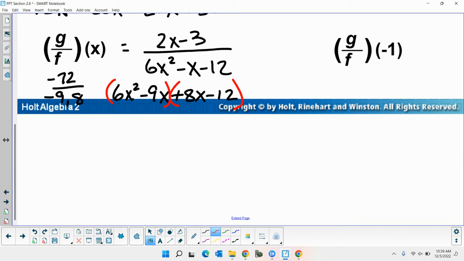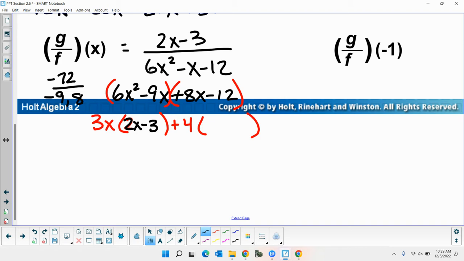What's common to the first group? 3x. What's common to the second group? 4. What's 6x squared divided by 3x? 2x. What's negative 9x divided by 3x? Negative 3.